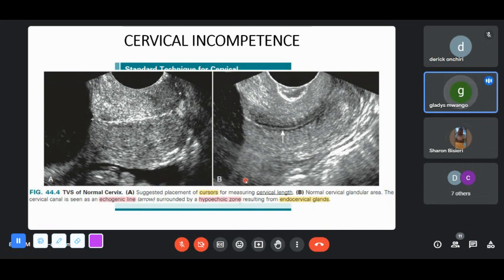Now, are there cases whereby you can get a false lengthening of the cervix, or you get spurious measurements? So one thing that you've mentioned, when you apply too much pressure on the cervix, you can falsely lengthen it.